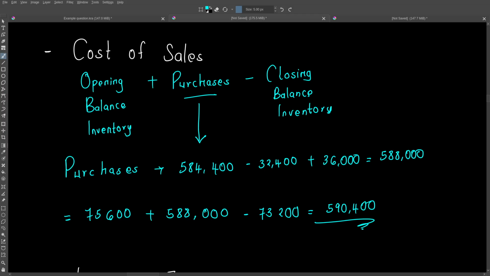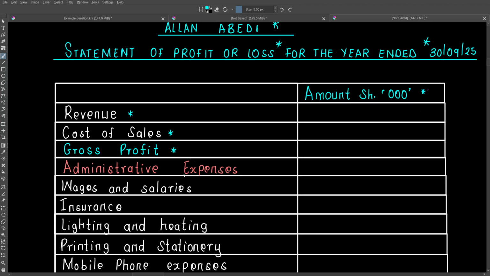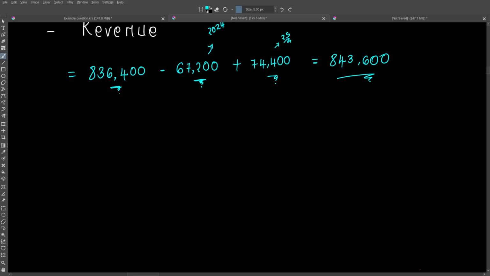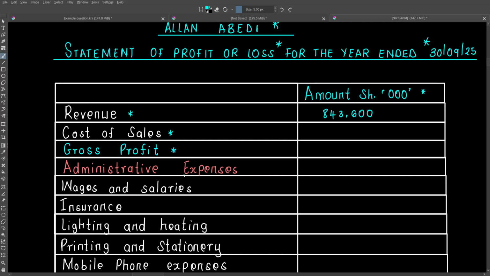So up to this point we come and fill it in. What is our revenue? Our revenue is 843,600. And then our cost of sales is 590,400.